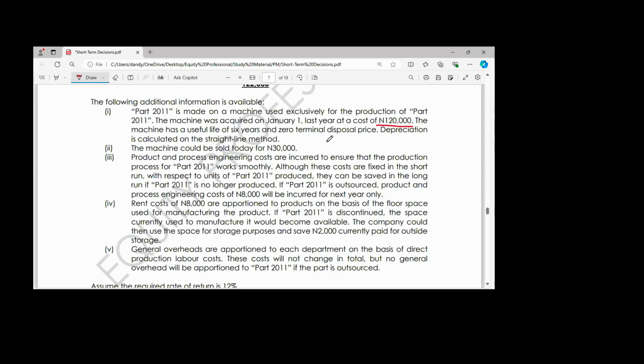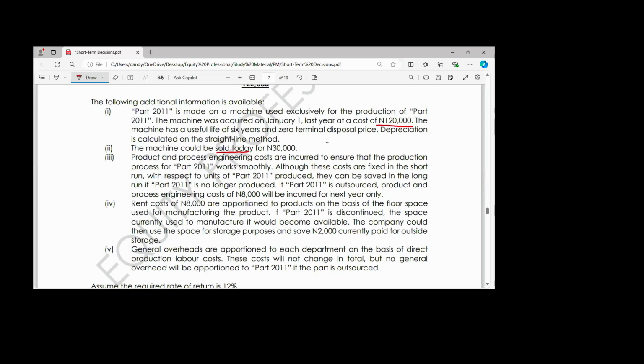3. Product and process engineering costs are incurred to ensure that the production process for Part 2011 works smoothly. Although these costs are fixed in the short run, with respect to units of Part 2011 produced, they can be saved in the long run if Part 2011 is no longer produced.